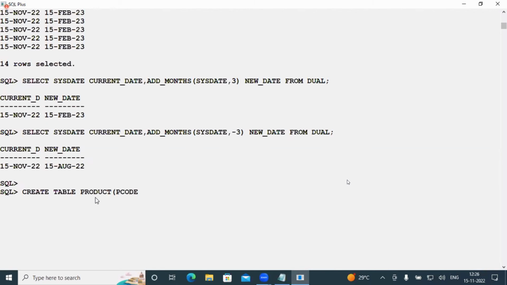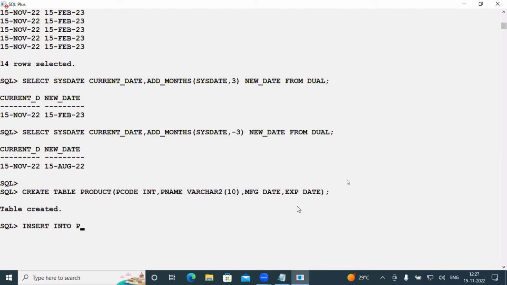So product code integer, product name varchar2 of some size, and here I want product manufacturing date, comma, product expired date, with date data types. So here 4 columns are created in my table: product code, product name, manufacturing date, and expired date.